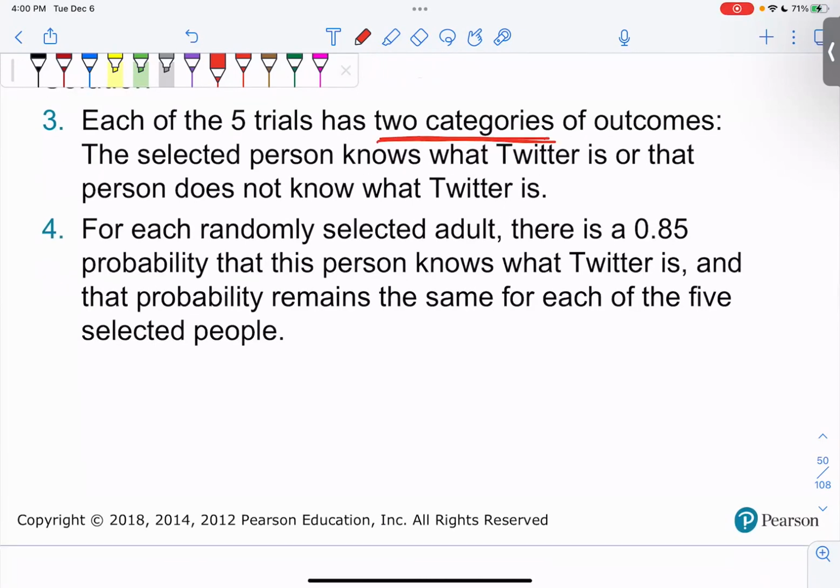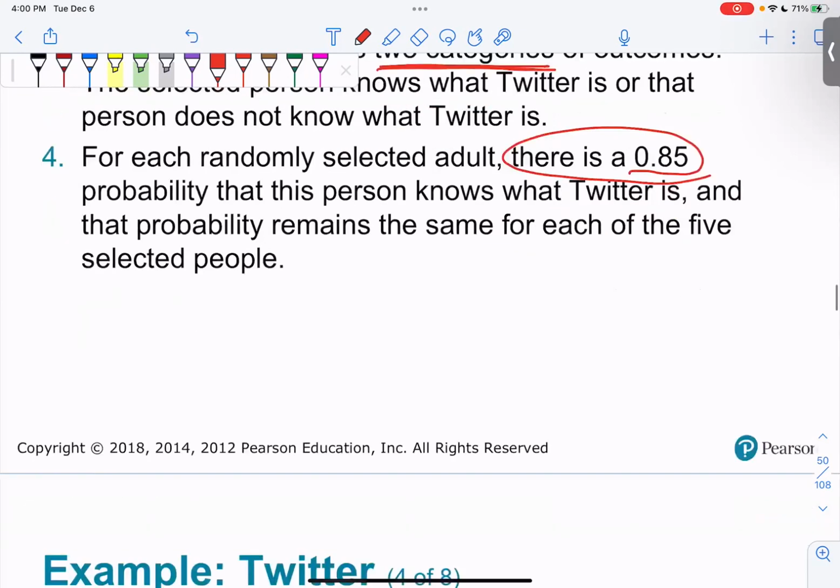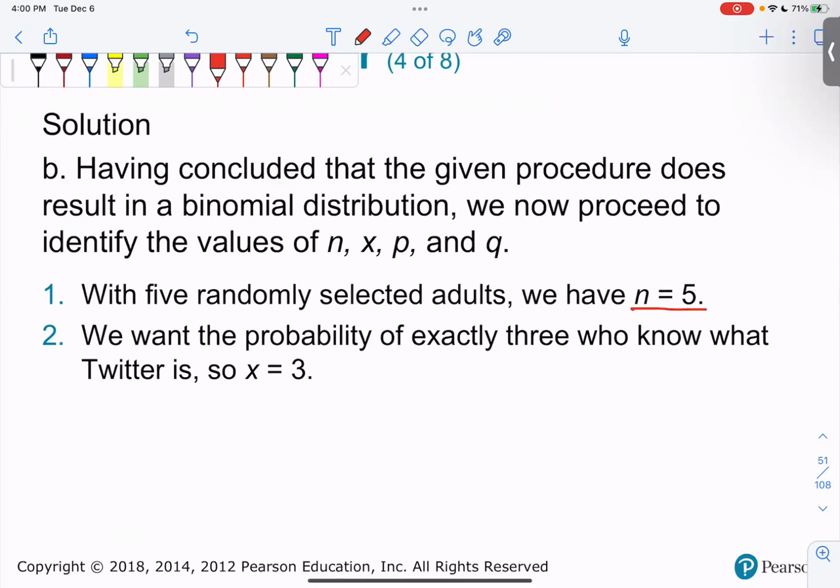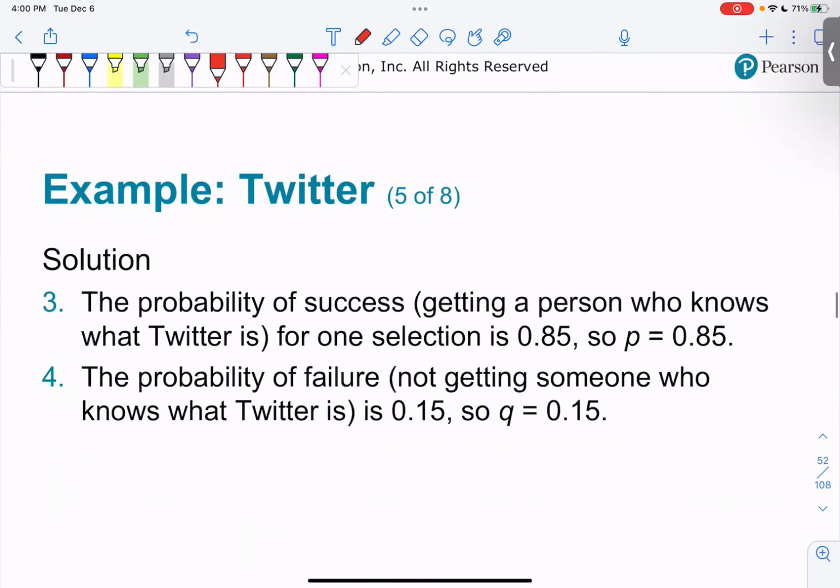And the fourth one: when we ask someone, there is a probability 0.85 that she will say yes. So yes, this probability distribution is binomial. And then we have n equal to 5, x equal to 3, probability of success equal to 0.85 and q equal to 0.15.